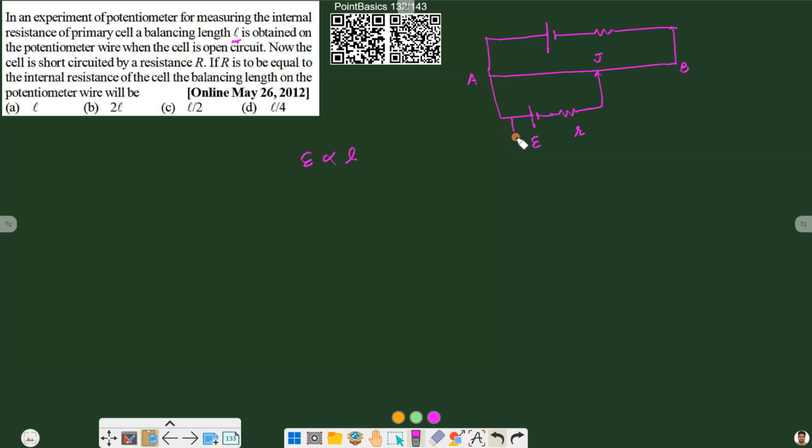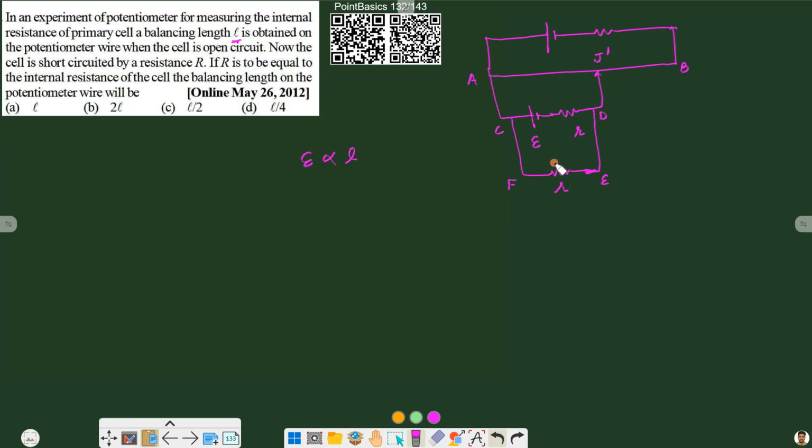Now in the second scenario, we short circuit it with a resistance R equal to its internal resistance r. In this closed circuit, which we can name C, D, E, F, there will be some current, and the potential across this resistance R will be balanced across the jockey. Suppose the new balance point is AJ dash, or we can say L dash.